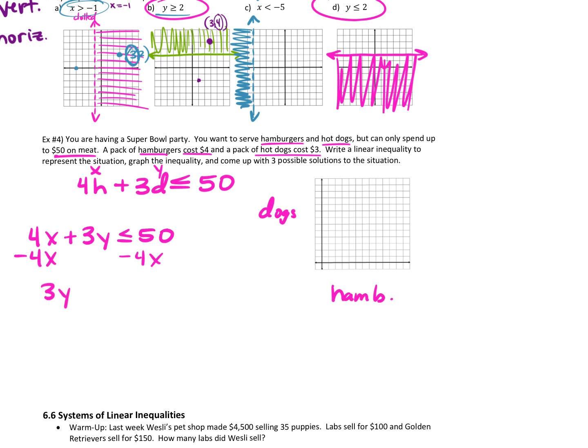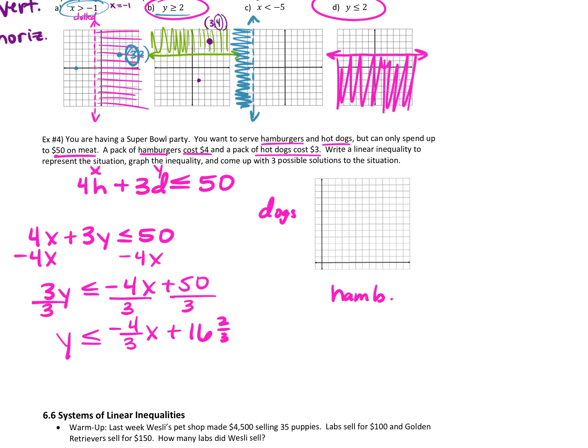So 3y is less than or equal to negative 4x plus 50. And then I would divide by 3. So y is less than or equal to negative 4/3 x plus 50/3. I'm going to write that as 16 2/3 or 16.6 repeating, which would be the same thing.